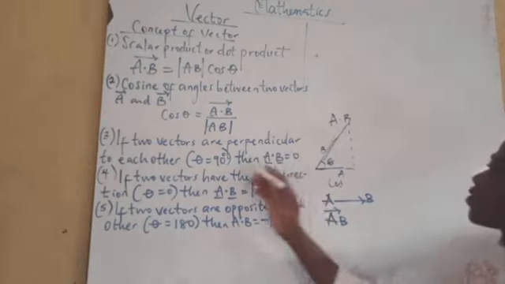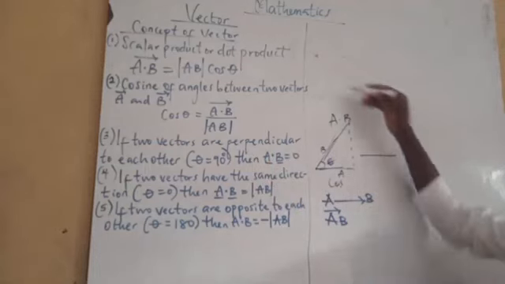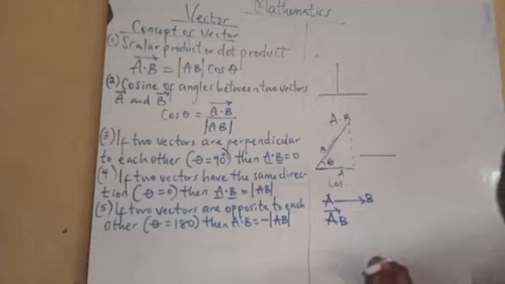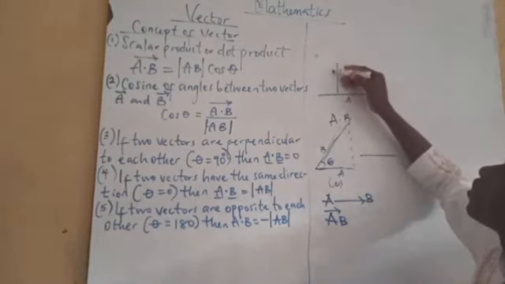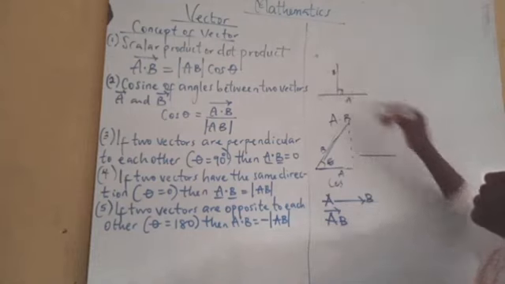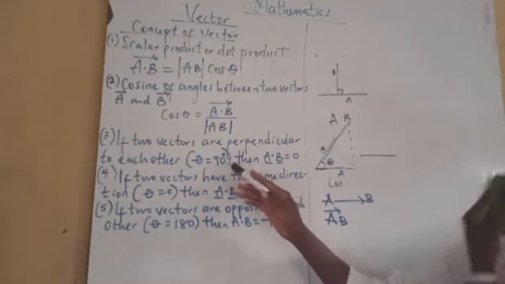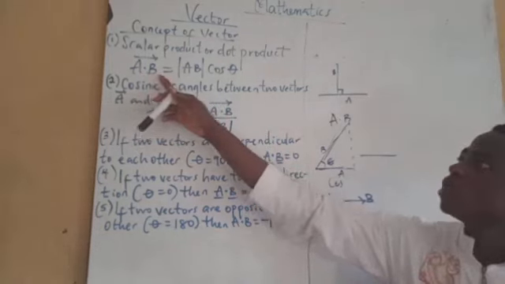Now, let's say two vectors are perpendicular. You have vector A in this form and vector B in this form. This is what we call perpendicular. So this is our A and this is our B, which will form an angle of 90 degrees. So if it is perpendicular, our theta will be 90 degrees. So our vector A dot B will give us 0.